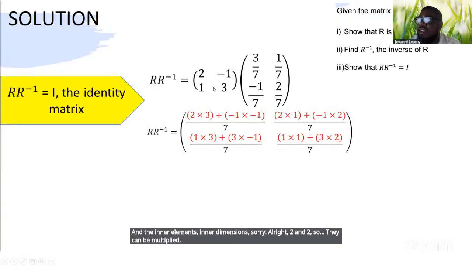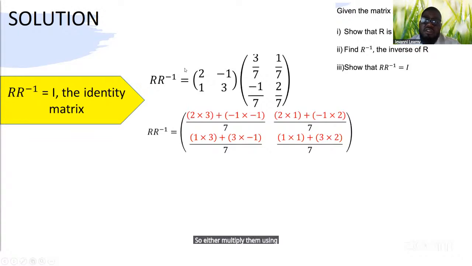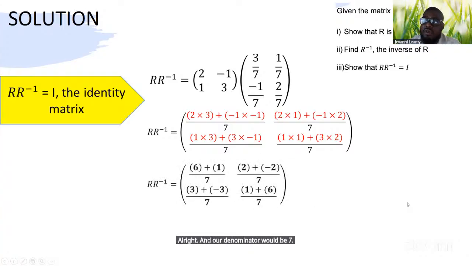So we would have multiplied them using our technique, rows by columns. All right? And our denominator would be 7. Then we go further with it. 6 plus 1 gives us 7. So 7/7. You don't leave it as that because it can be simplified. So you'll get 1. 2 plus negative 2/7 gives you 0. And over here, 3 plus negative 3 gives you 0/7.